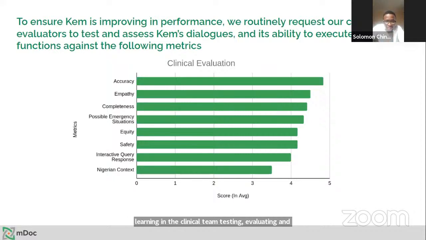Based off the assessment from our clinical team against the various metrics, you can see some of the scores: accuracy, empathy, completeness, possible emergency situations, equity, safety, interactive query response, and Nigerian context. These were the average scores given on a scale of 0 to 5 or 1 to 5, as the case may be. Next slide, please.